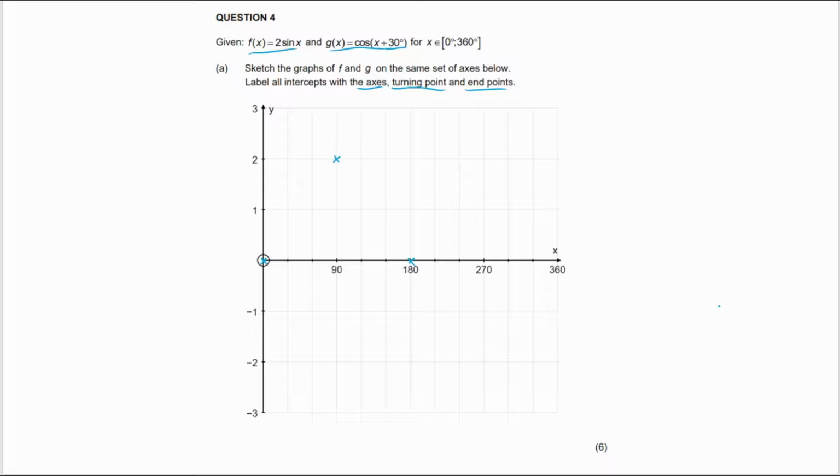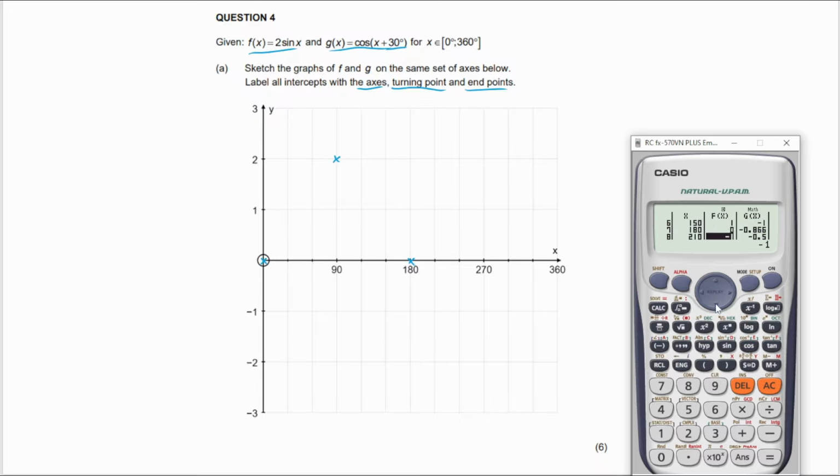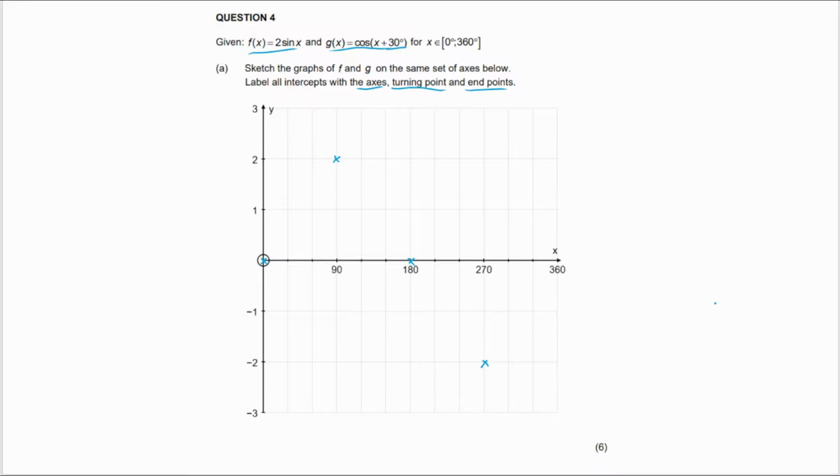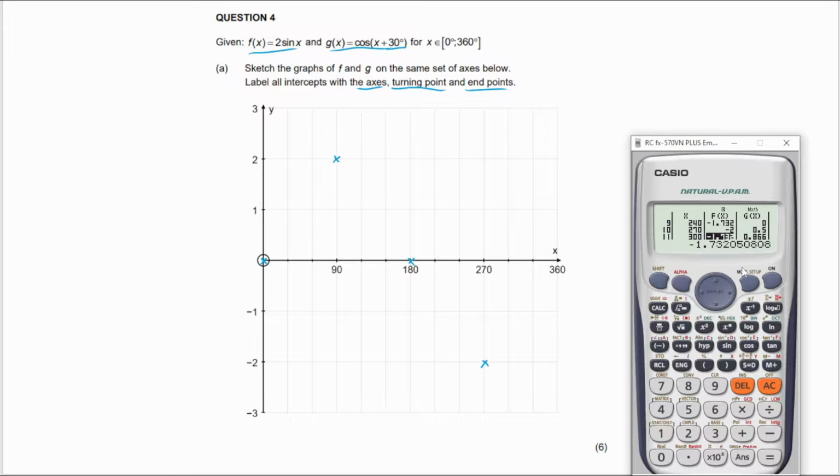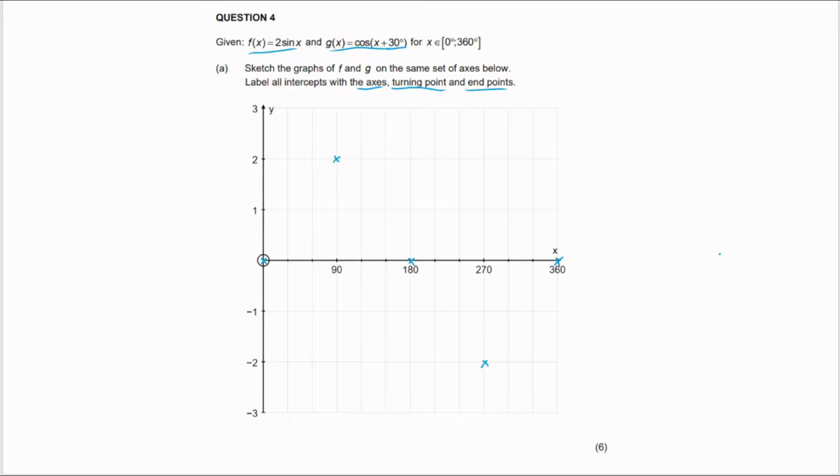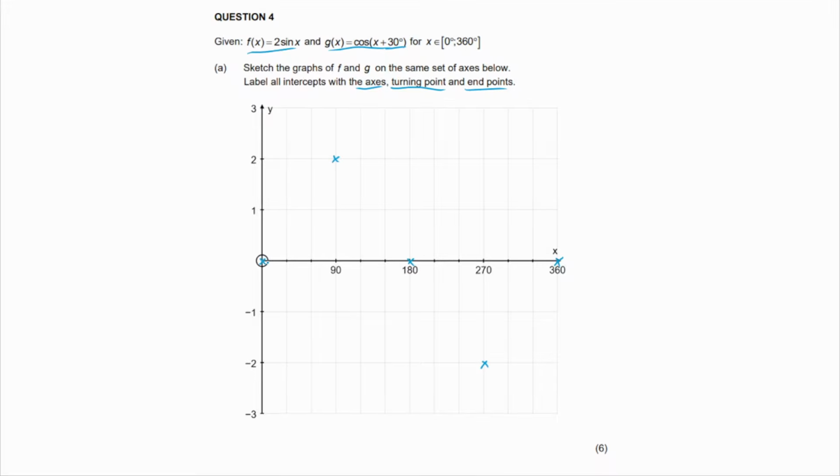Then the next important point would be 270 and -2, because that's where we turn. And then we're going to end up at 360 and 0 as our endpoint. So this function would look something like this. Remember it's just a normal sine graph with double amplitude.